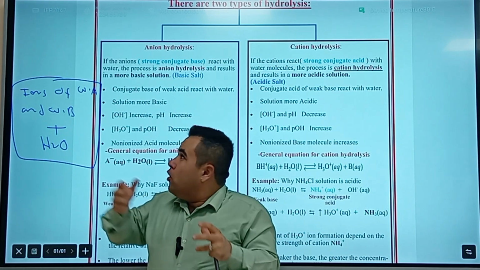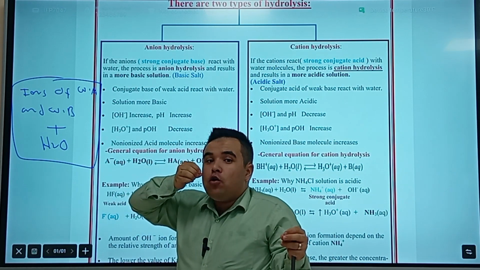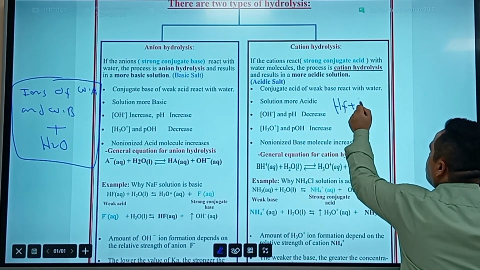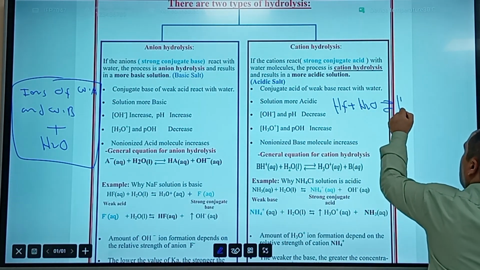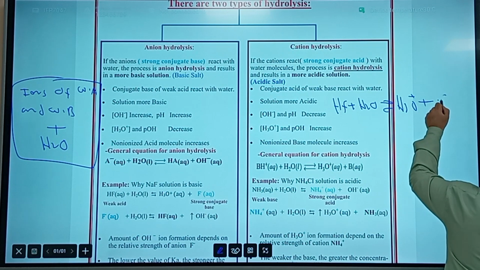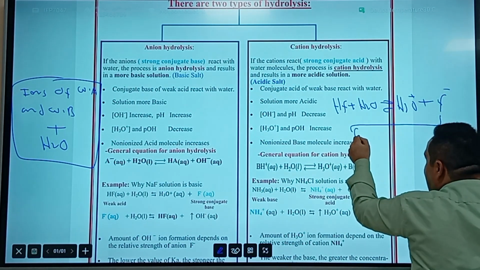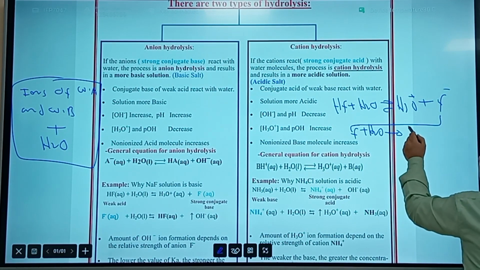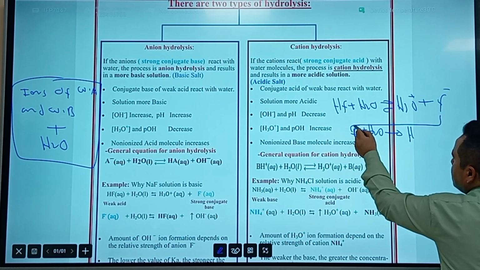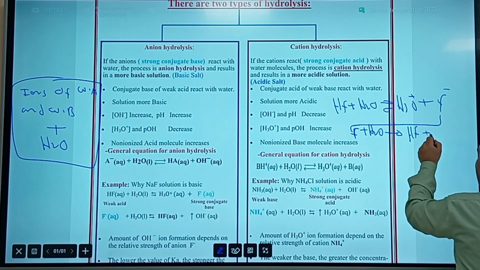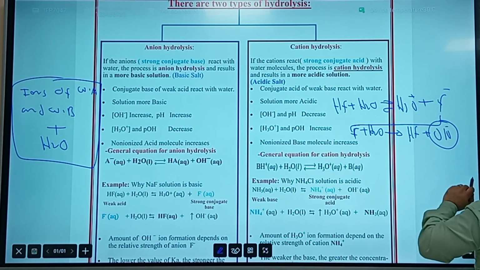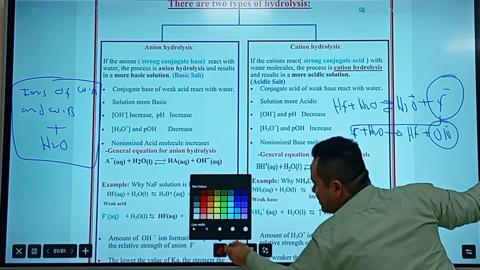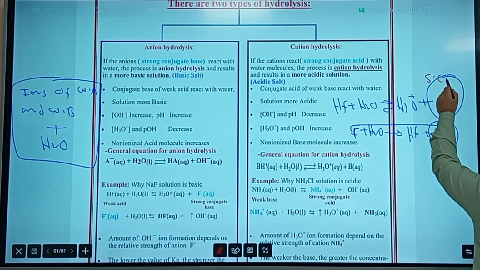Whenever we have the ion of a weak acid, let me provide an example. HF will provide hydronium and F negative. This F negative has a tendency to react with H2O to form HF and release hydroxide. So an ion from a weak acid is a strong conjugate base.